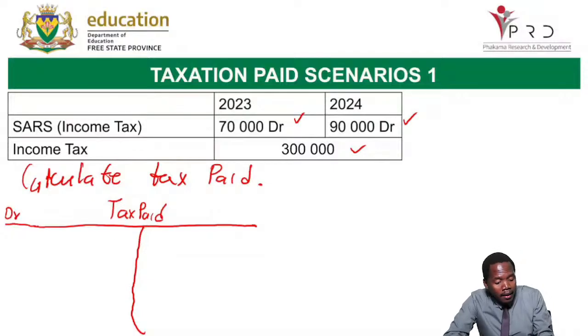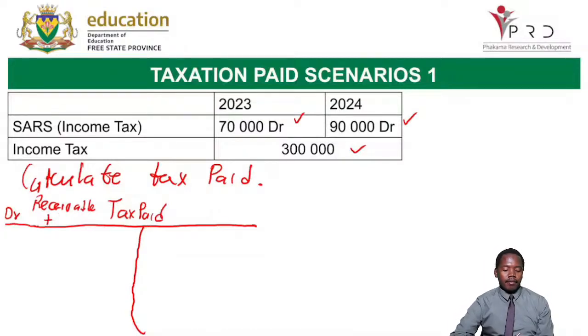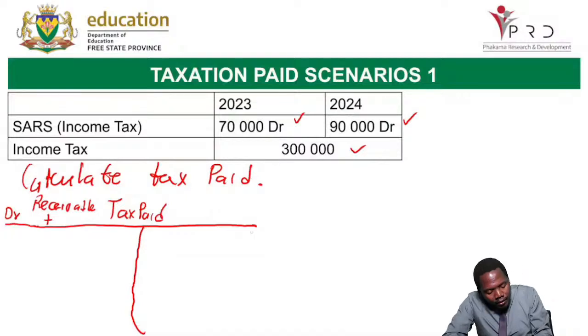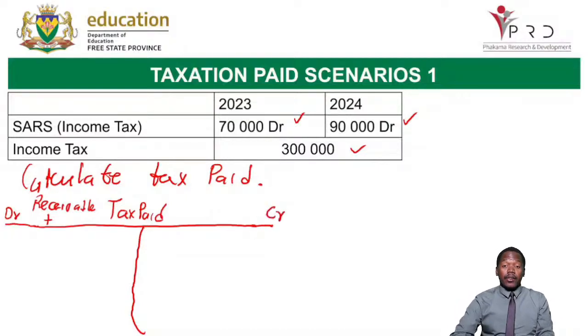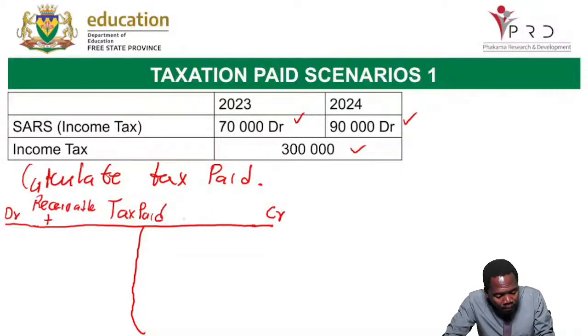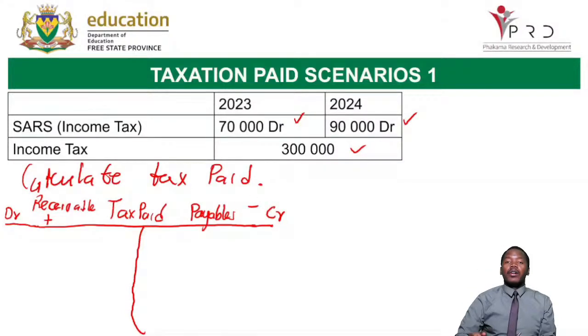Very important: my debit side is also my receivable side, and it is also my positive side. On my right-hand side now, I have my payable, which will also be a minus.